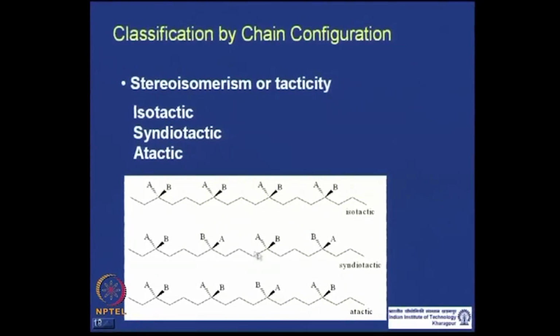If they have alternate stereochemistry from one repeating unit to the next, then we call it syndiotactic, and if the stereochemistry of the repeating units is randomly placed, with no order, it is named atactic. So, same stereochemistry for all repeating units is isotactic, alternating one after one is syndiotactic, and random is atactic.